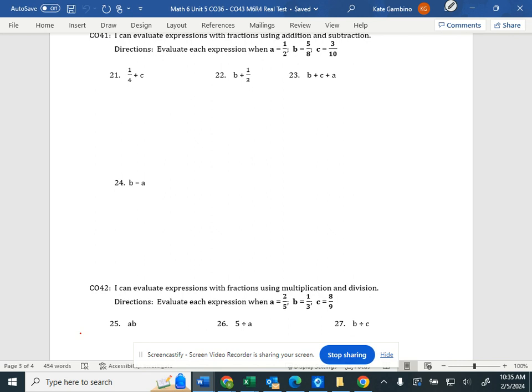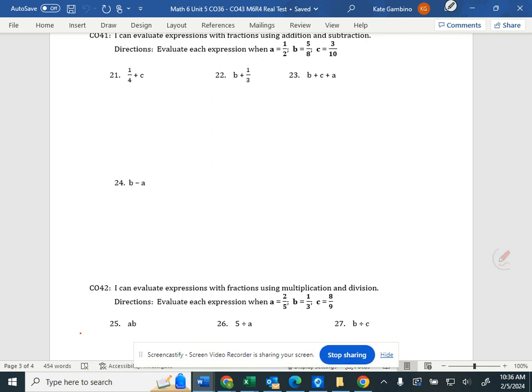Whatever you do to the bottom to get that common denominator, you do to the top. Then when we add or subtract, you only add or subtract the numerators. Denominator stays the same. And then your very last step has to be what? Simplify. Some of us forgot to simplify.